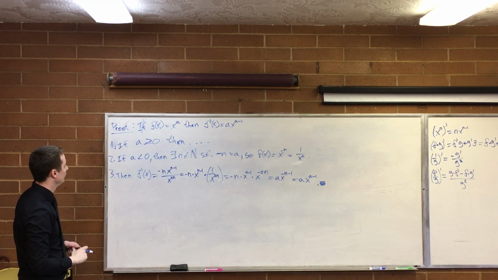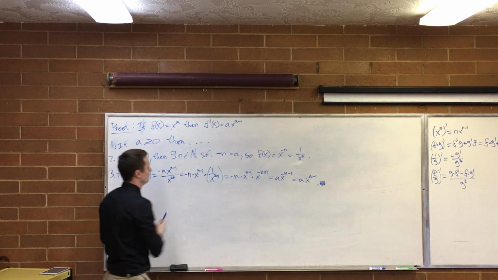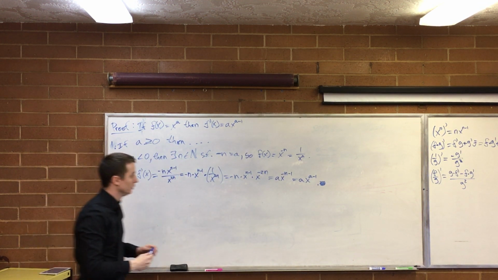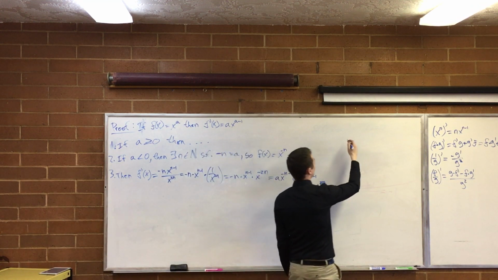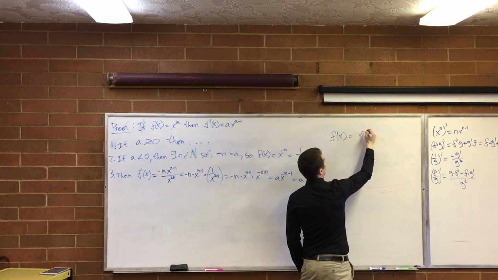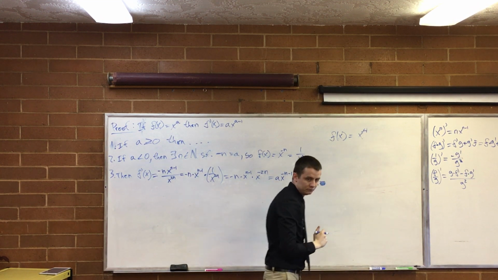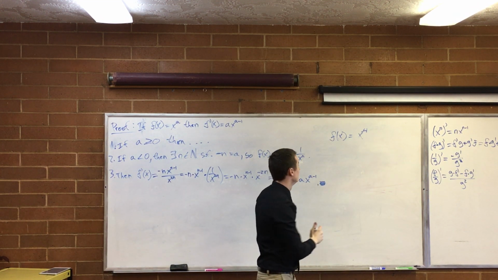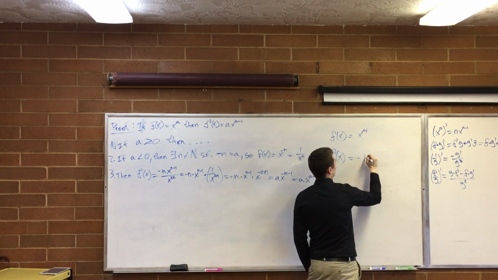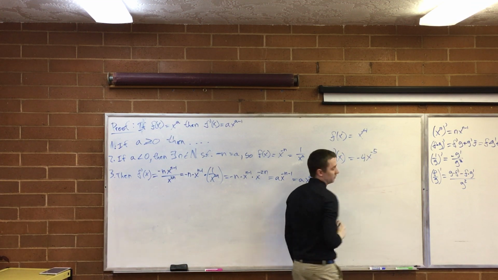So we proved it. f prime of x is equal to a times x to the a minus 1. So in other words, if I said, if f of x is equal to x to the negative 4, what's the derivative? f prime of x is equal to negative 4 x to the negative 5.